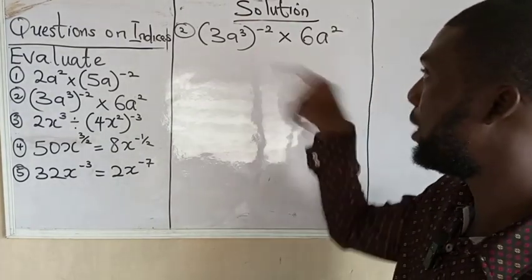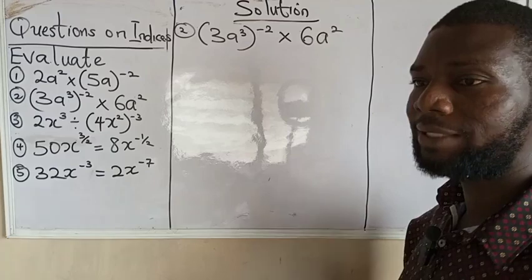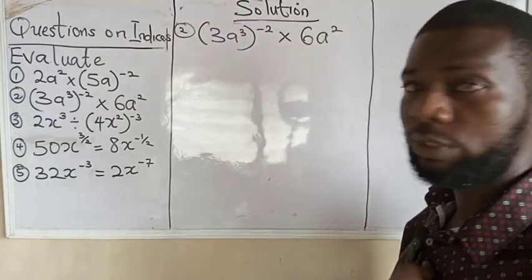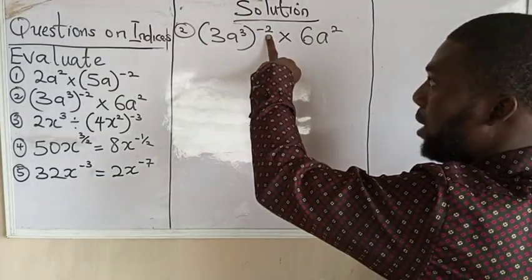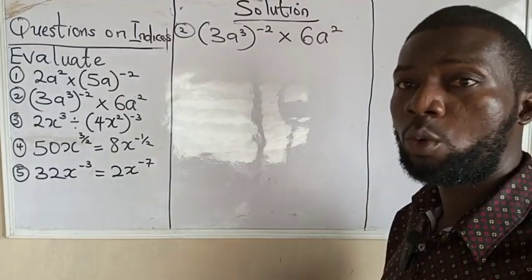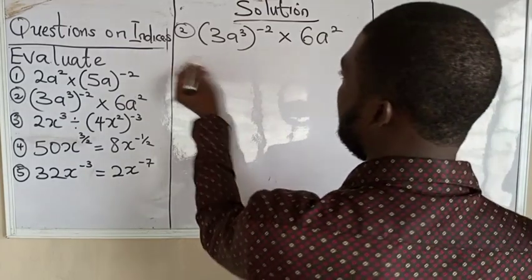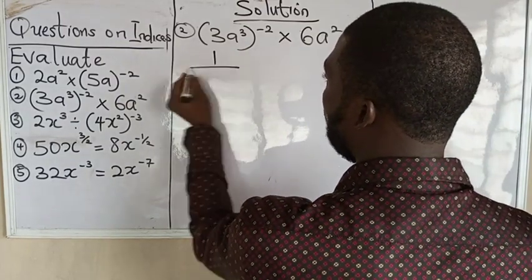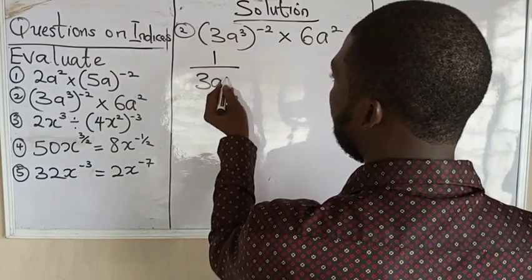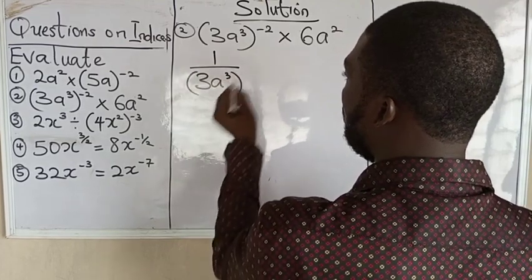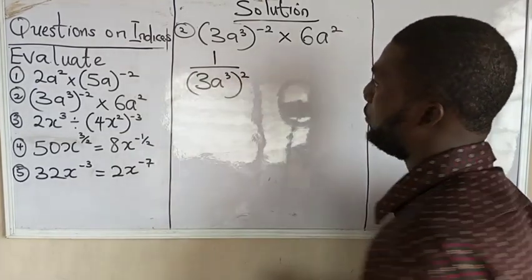And the way we do that is, when you see this negative, let 1 divided by come into your mind, and the power that was negative will change itself to positive. So from here, I can say this is the same thing as 1 over (3a^3)^2.